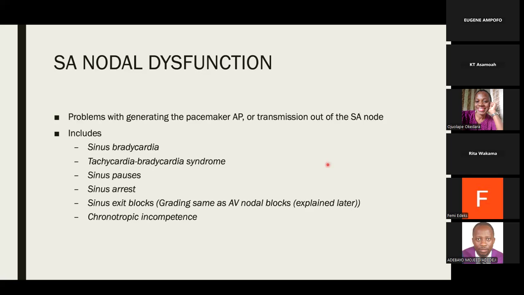Then we have the tachy-brady syndrome, or tachycardia-bradycardia syndrome, and this is what we usually tend to call sick sinus syndrome. In the tachy-brady syndrome, you have a sinus bradycardia, and because of how slow the rate is, at certain points, parts of the atria are able to generate an impulse faster than the SA node, and this takes over.